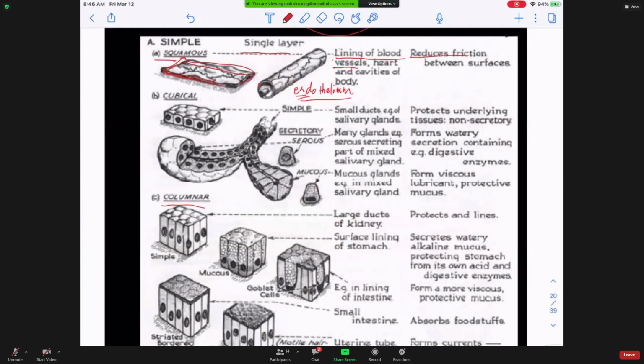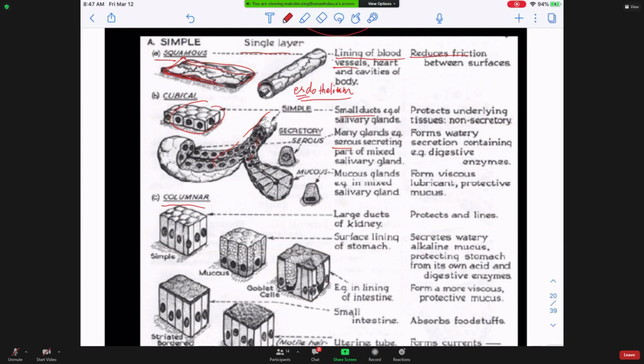And the cuboidal, like this one, is in small ducts of glands, like this one, and the main glands can secrete some kind of mucus.